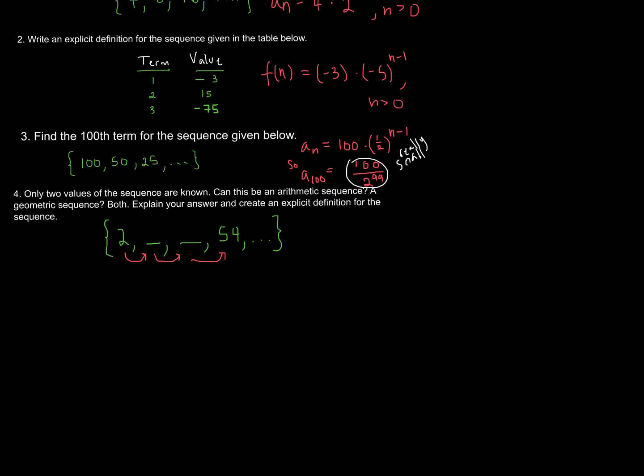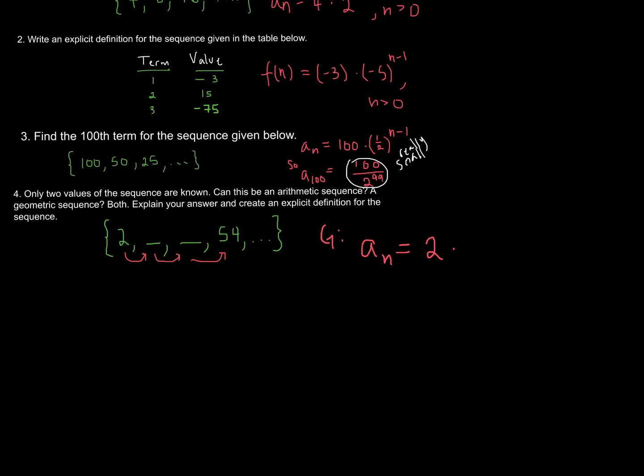This is an advanced thought, but what we realize is that how many steps are we going to be taking to go from 2 to 54? Well, we're going to make 3 different steps, and at each time the pattern has to be the same. So let's just see what our geometric sequence would look like. Remember, we know that for a geometric sequence, a sub n is going to be the initial value, in this case 2, times the common ratio.